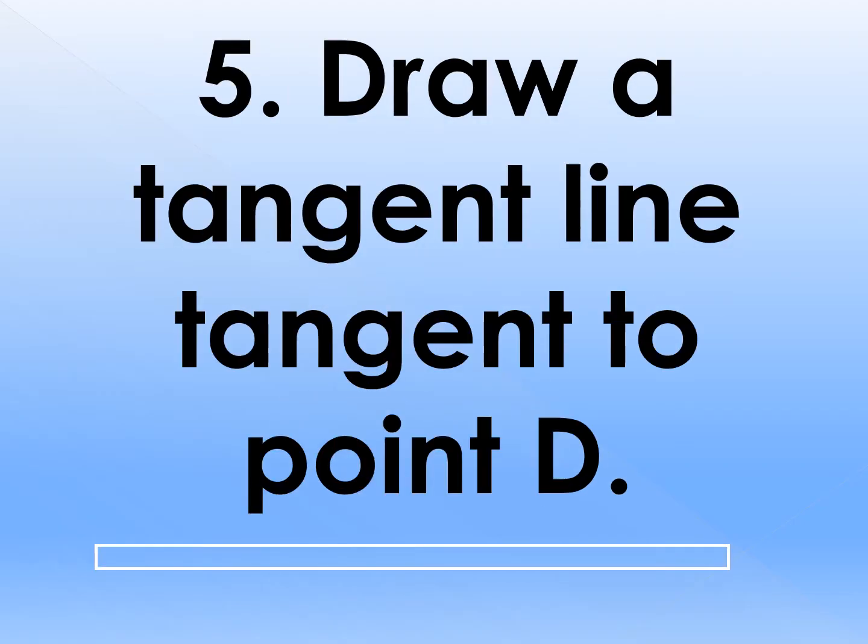Draw a tangent line tangent to point B. I know you're familiar with tangent lines, and make sure that the tangent line has the point of tangency at point B. Now let's check your answer. Can you please get a ball pen and then let's check your answer.